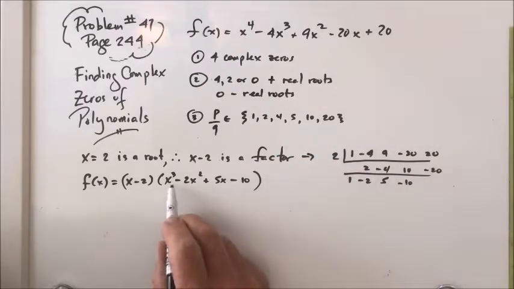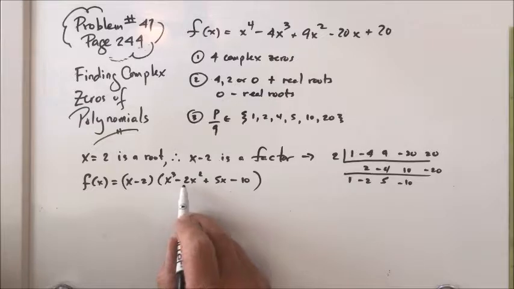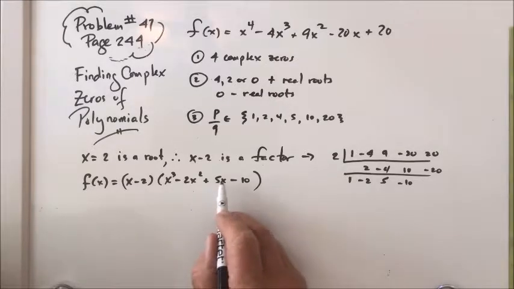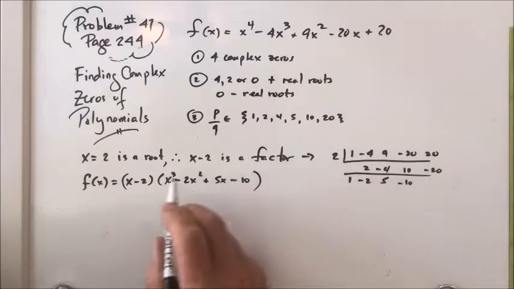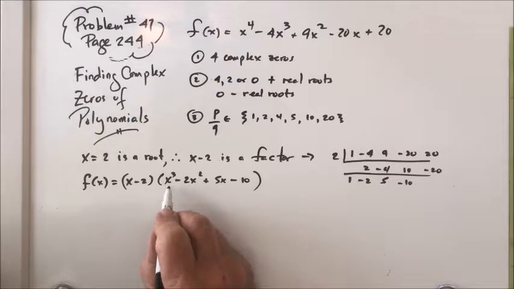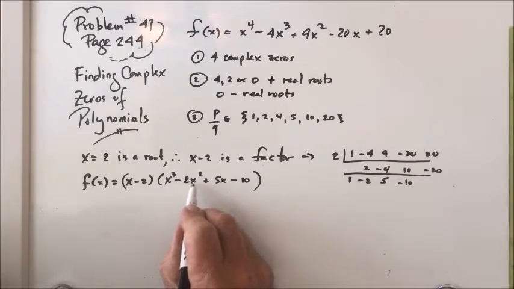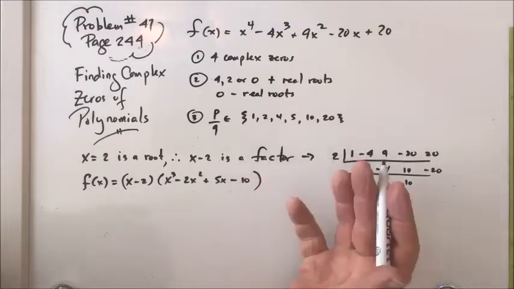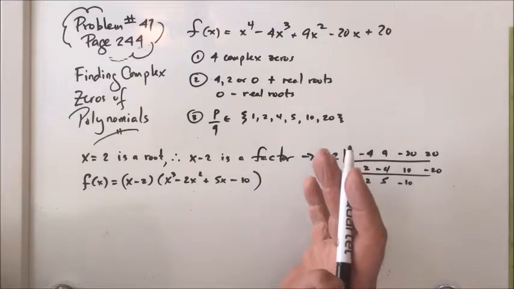So I'm going to try 1, and I'm going to get 1 minus 2 plus 5 minus 10. That's not 0. If I try 2, I get 8 minus 8 and 10 minus 10. So 2 works again.